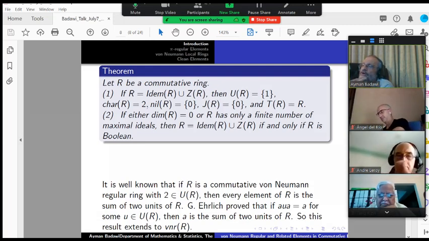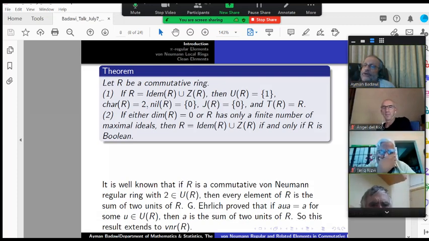If the dimension of R equals 0, and you know what I mean by dimension 0, there are many definitions: R is a pi-regular ring, or every prime ideal is maximal.